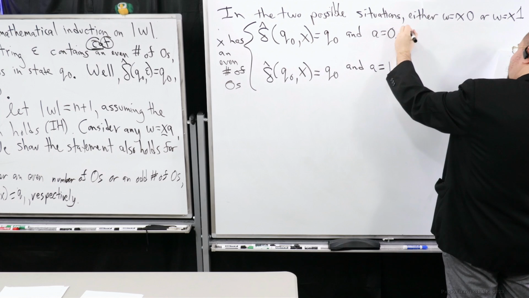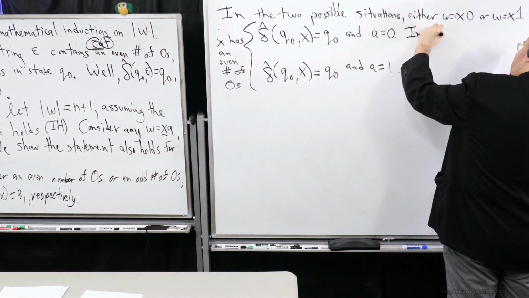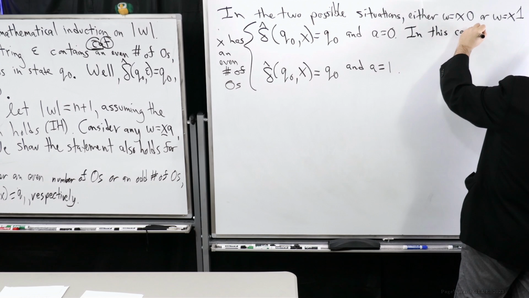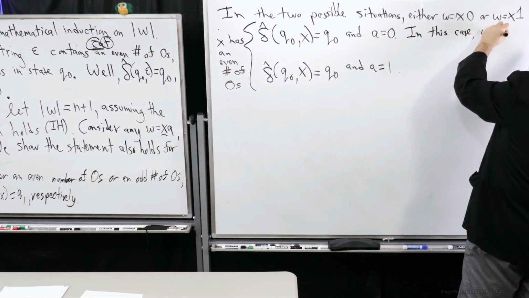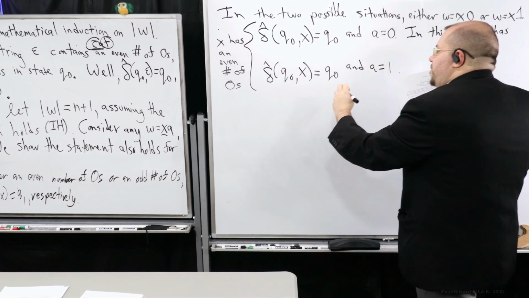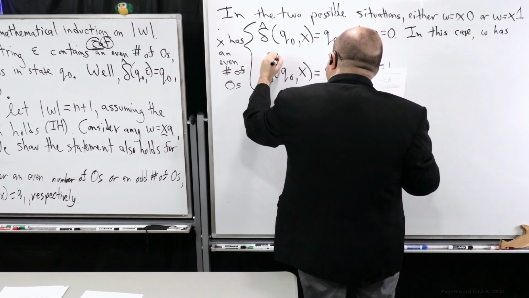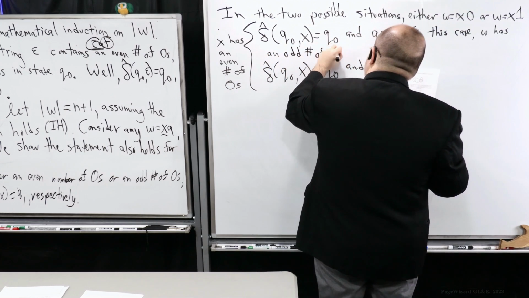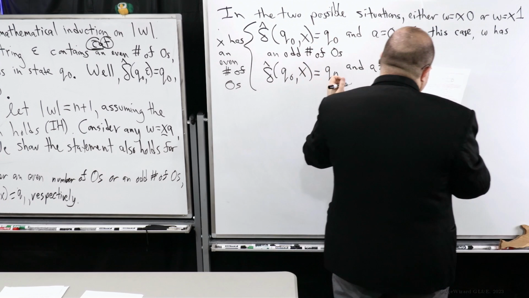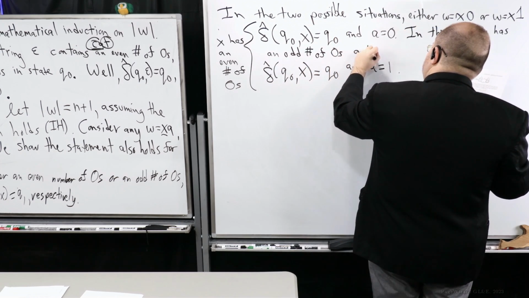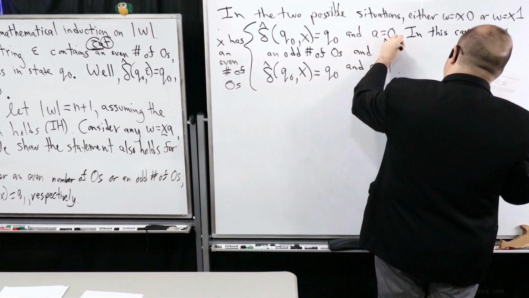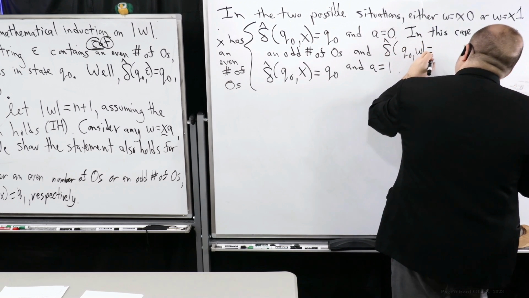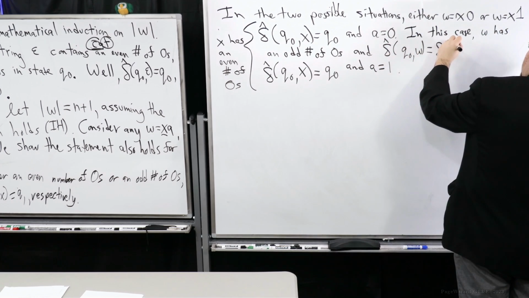In this case, W has an odd number of zeros, right? Because X had an even number. And now let's just work out the extended transition function. Delta hat of Q0W is equal to delta of delta hat.